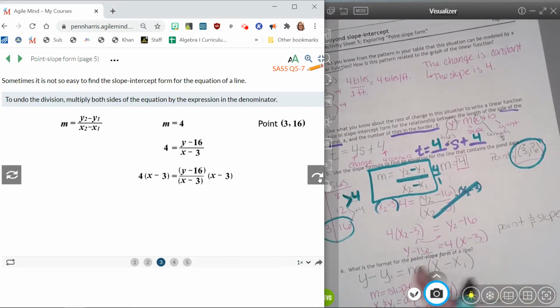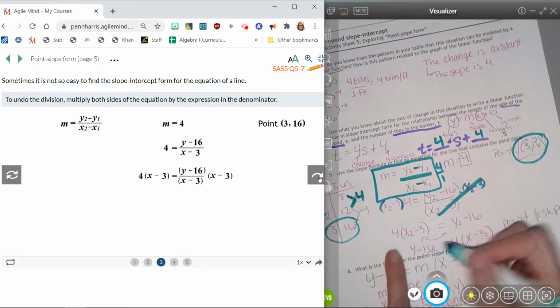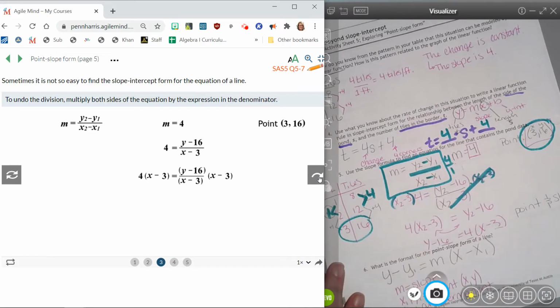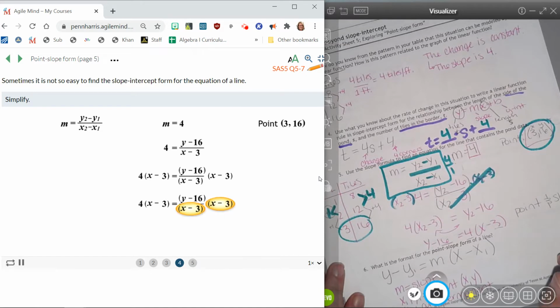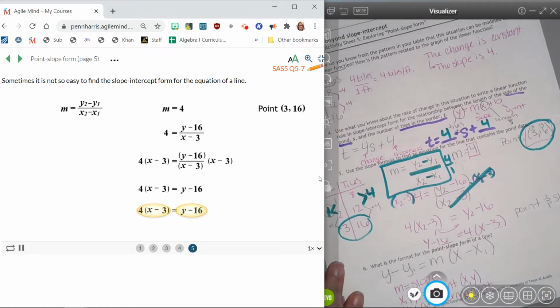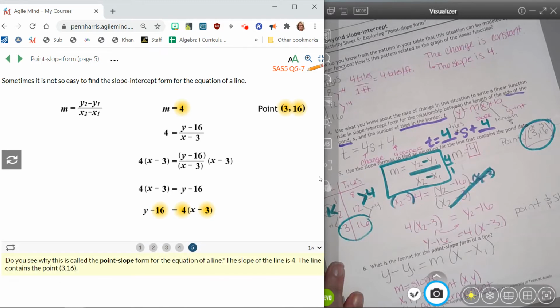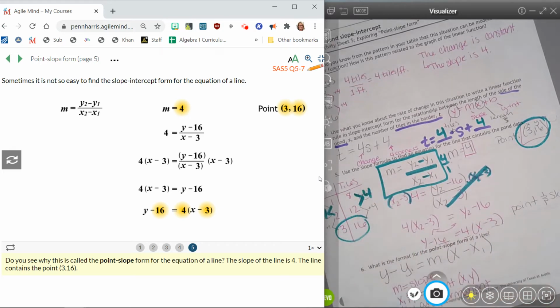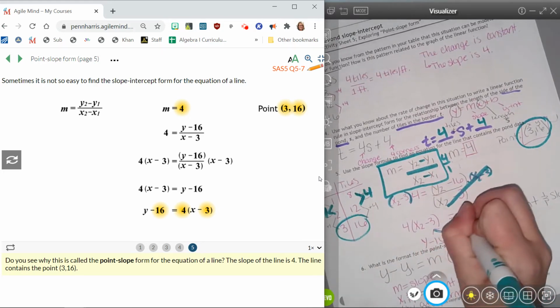Now, to get rid of this 4, it's multiplied, so all we have to do is divide. Actually, we're not dividing anything. This is the same exact thing. We're just rewriting it, guys.